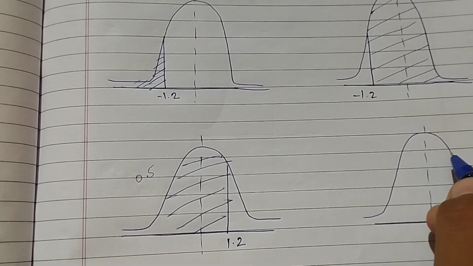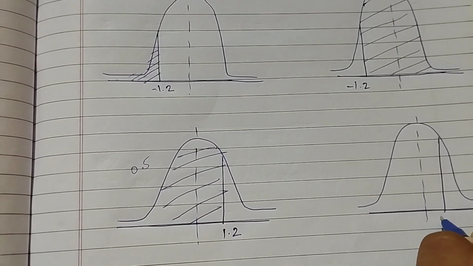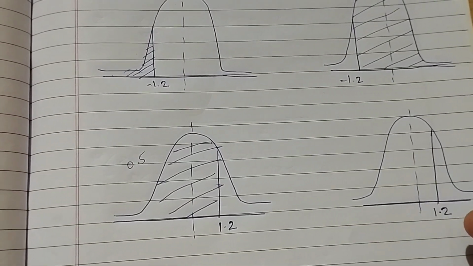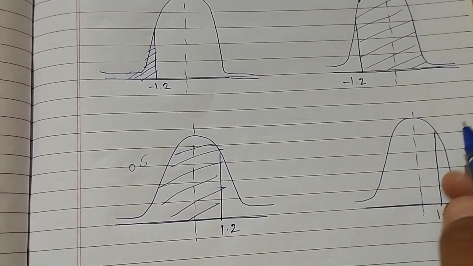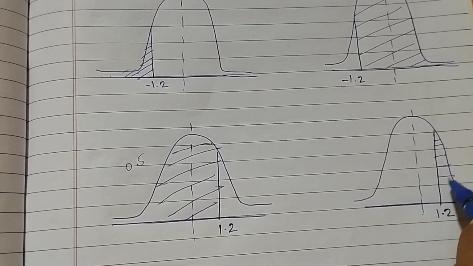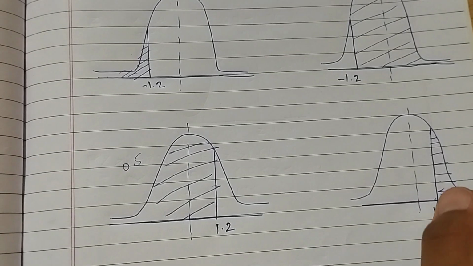Now if we want to find out the value which is in increment or over the 1.2, that time find out the area at the right side. So how do we find out this area?